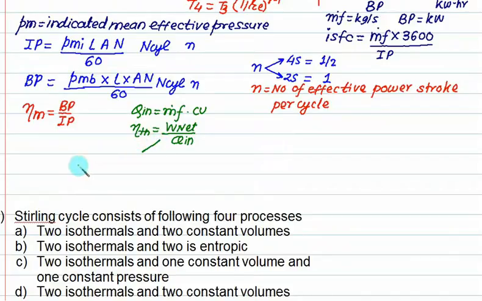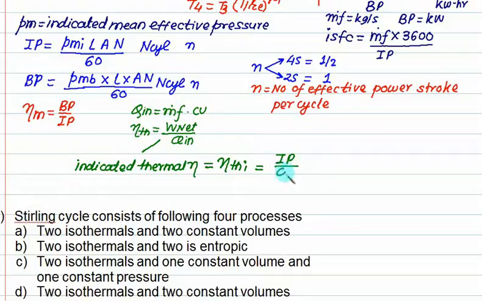One is called indicated thermal efficiency, eta thermal indicated, which equals W net, that is IP, divided by heat supplied. The other is called brake thermal efficiency, represented by eta thermal brake, which is simply W net equal to brake power divided by heat supplied.